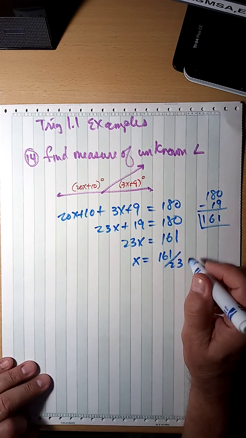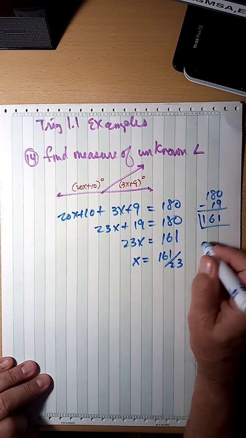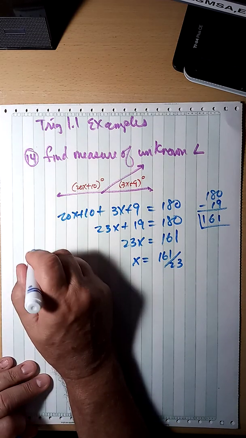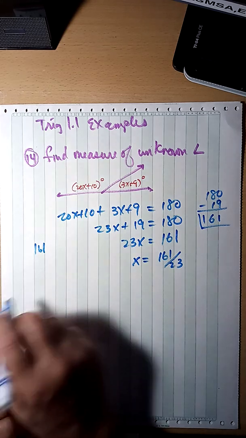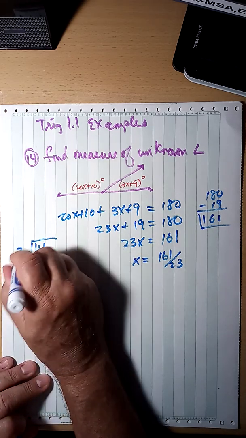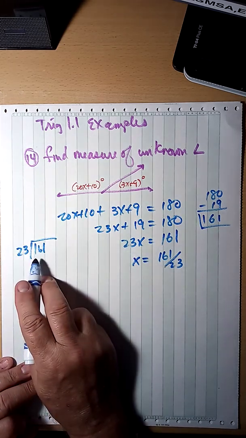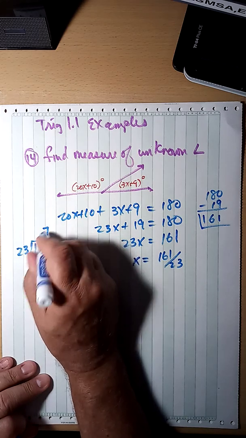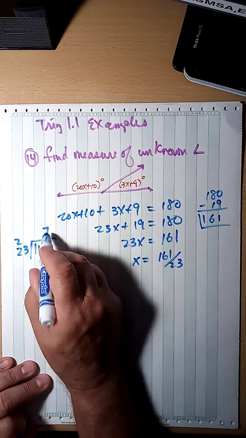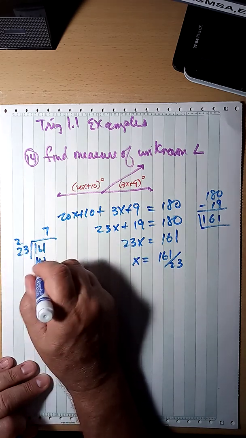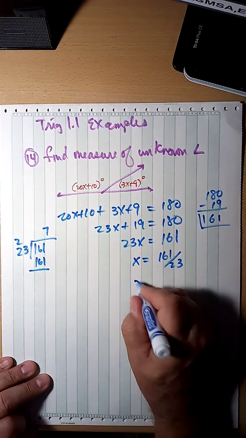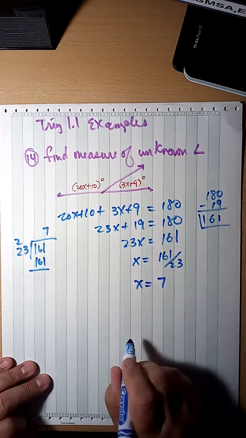We'll have to see if this comes out nice. 161 divided by 23. So say 7. 3 times 7 is 21. Yeah, it comes out nice. So x equals 7.